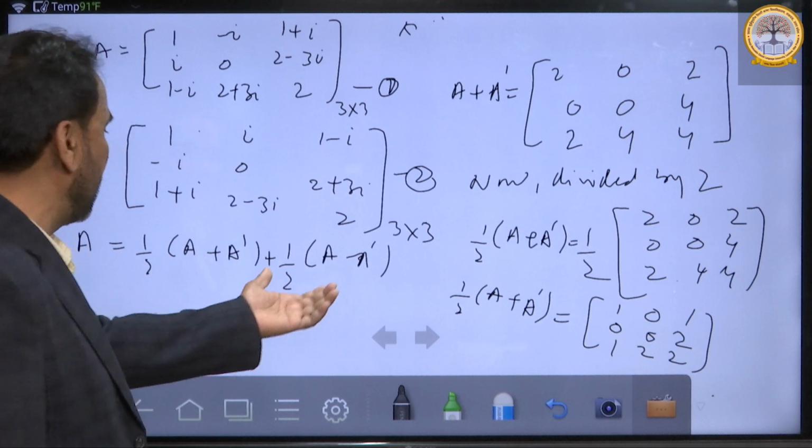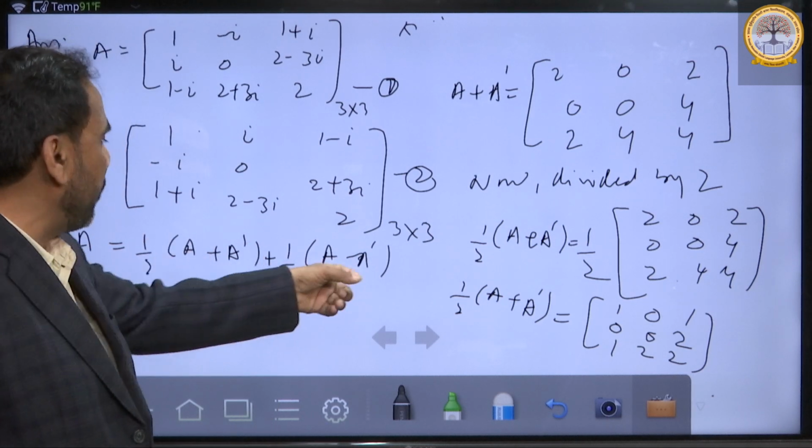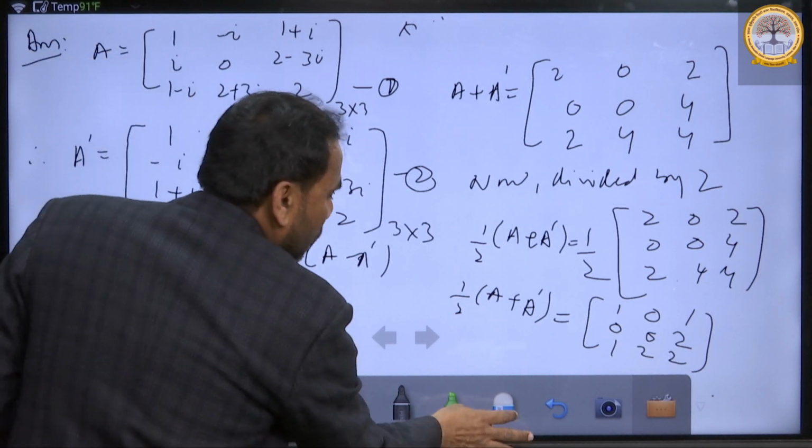And second, we will solve A minus A dash.